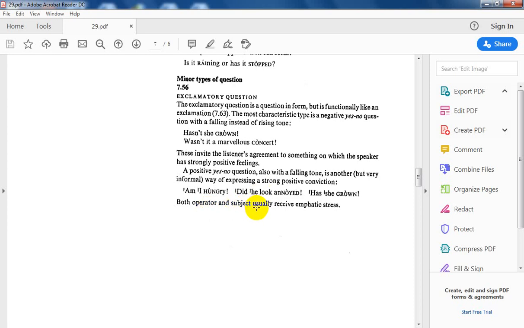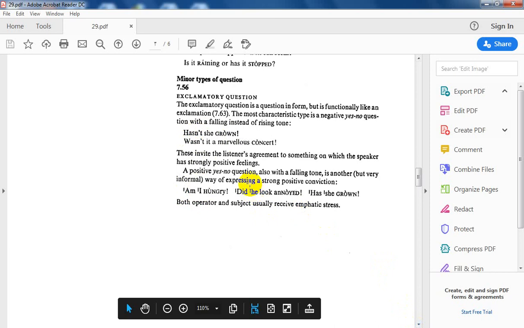Both operator and subject usually receive emphatic stress. Here you see the operator and the subject have emphatic stress, marked with an asterisk. In contrast, in the negative, it is normal, there is no emphatic stress for the operator and for the subject.